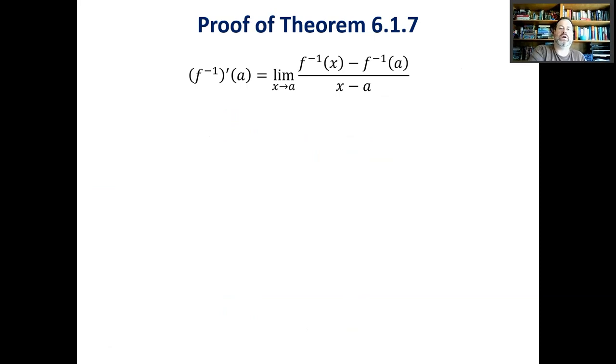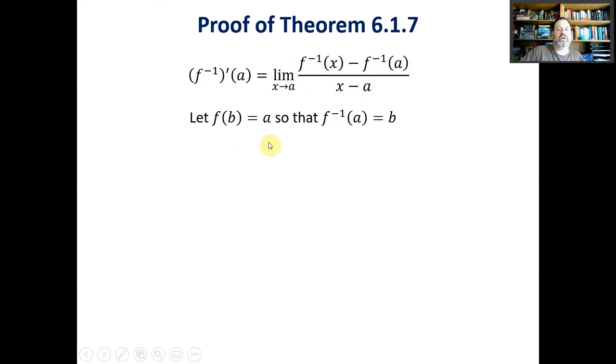All right, so the derivative of the inverse at a, here we're just using the limit definition of the derivative. It's f of x minus f of a over x minus a, the version we had in section 2.1. But if our function is an inverse, then you just write it with an inverse.